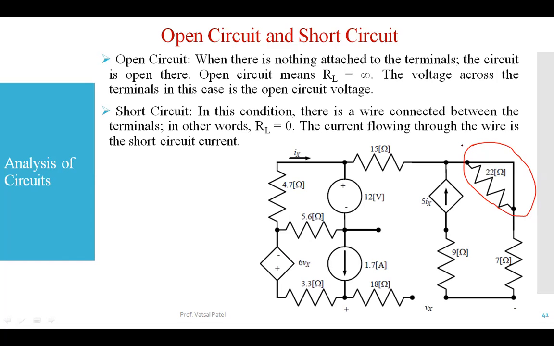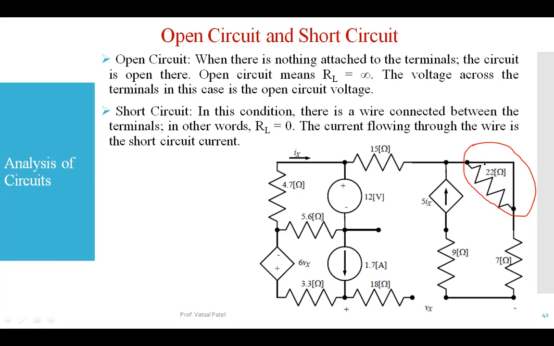There is a wire connected between the terminals, and the resistance of that wire will be equal to zero, right? Or RL will be zero. So whatever current there is, it flows through that wire only. That is what we call the short circuit current. So in this case, no current flows through the 22 ohm resistance.